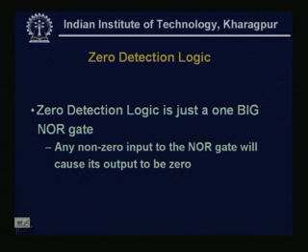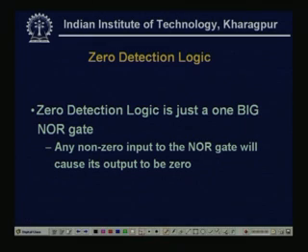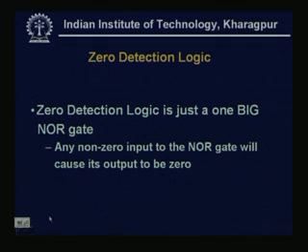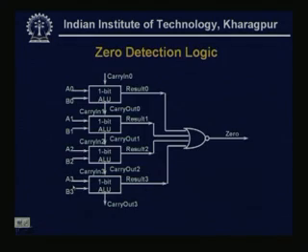NOR is the opposite: if any one bit is 1, the output will be 0. So, that logic we can use for zero detection.